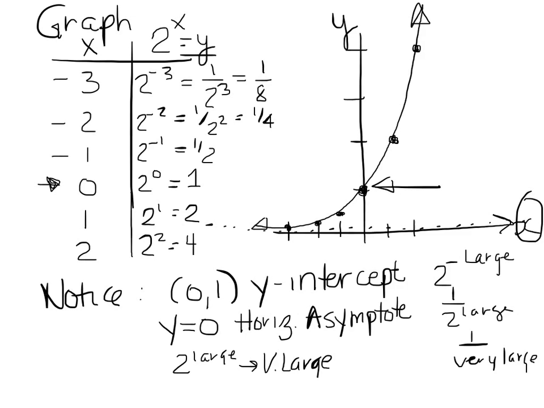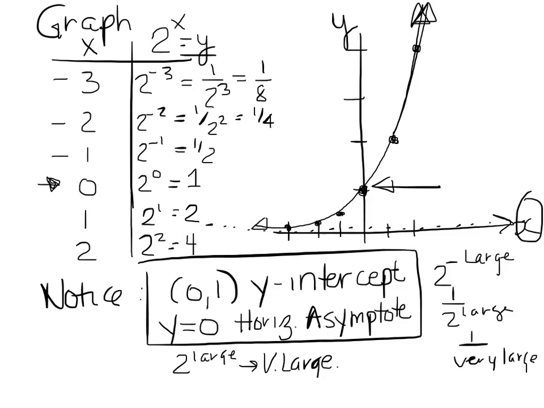Okay, and there's no stopping it, there's no more asymptotes on the right. So it just keeps increasing forever and ever. There is no more asymptote on the right. A lot of kids will want to look at this and think that there's a vertical asymptote. It seems to look like that, but it doesn't. It's actually going to increase forever and ever. Okay? So, don't even think about it.